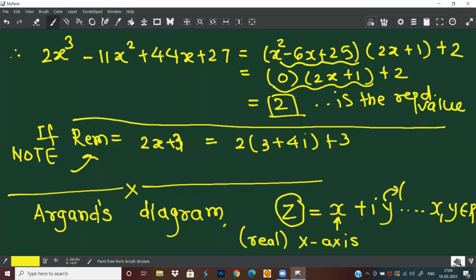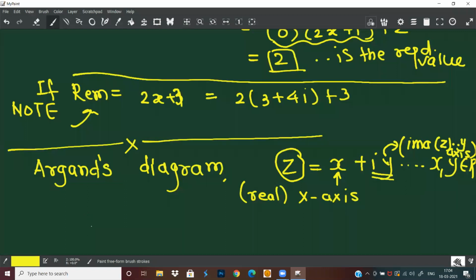And y is the imaginary part of Z, and it is shown on the y-axis. Now its polar form: r is the square root of x square plus y square, which we write as modulus of z. It is called the modulus.